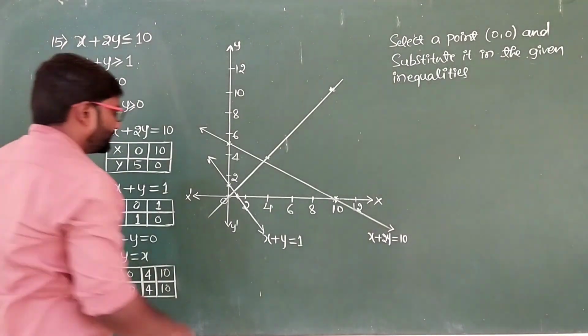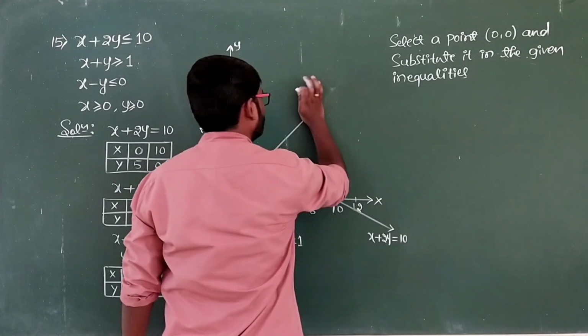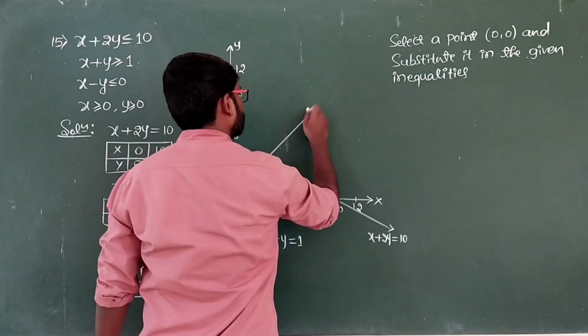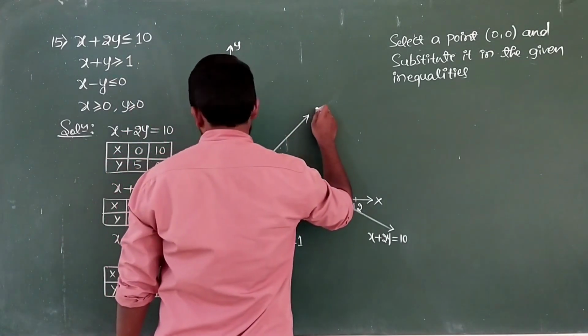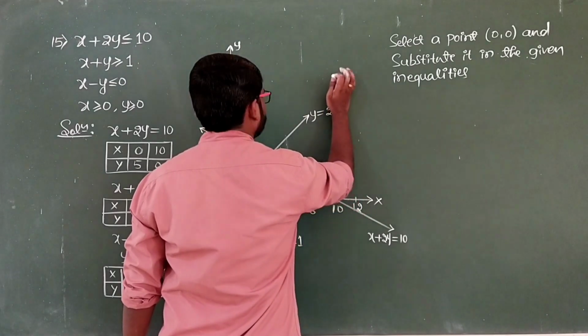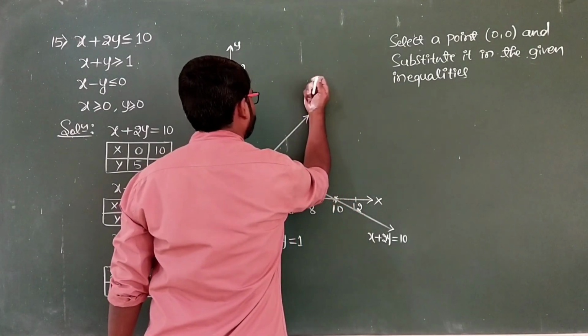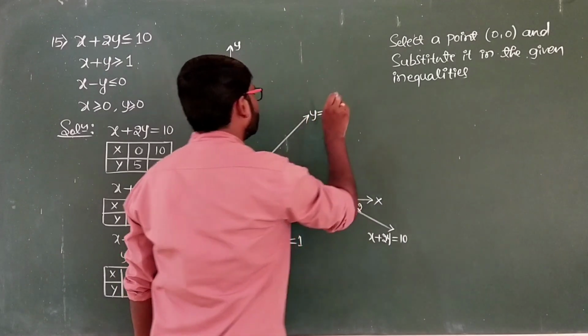Now after this we will have to go for the shading process. So x minus y less than or equal to 0, that means y equals x.